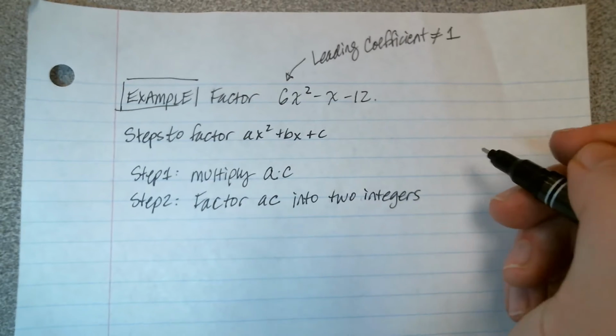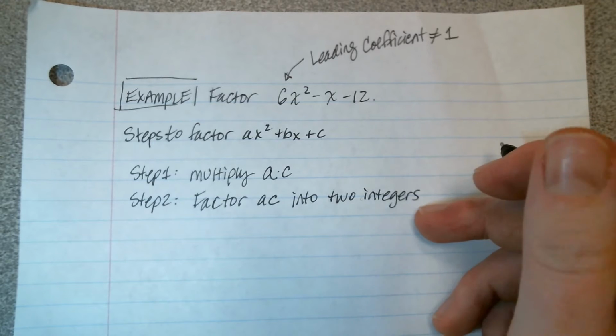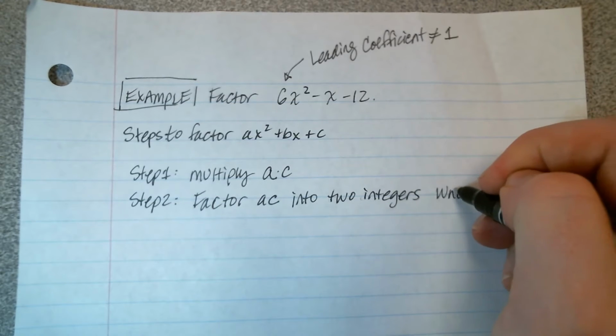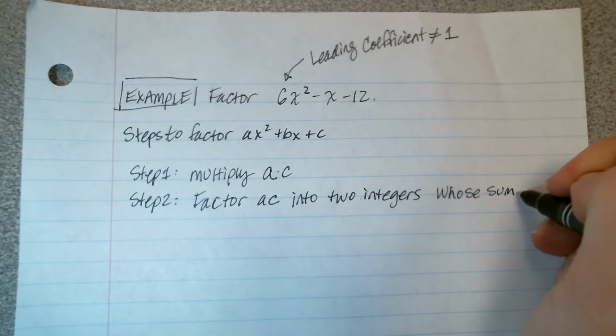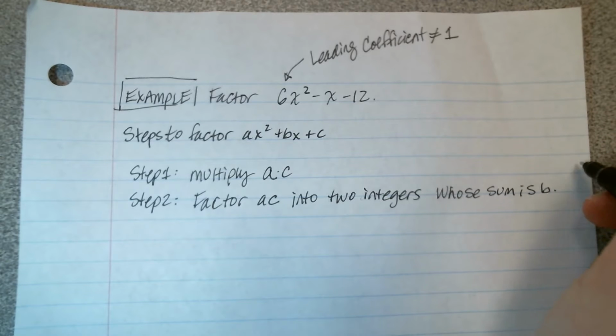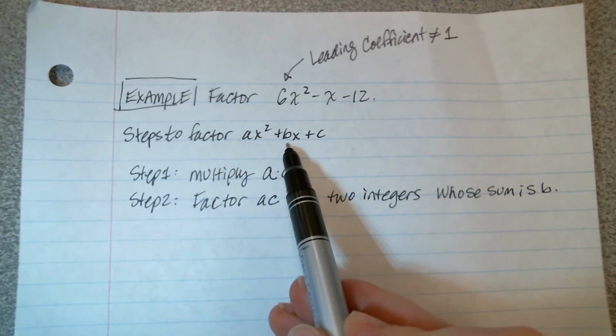But not just any 2 integers. I want 2 integers whose sum is b, that coefficient on x.